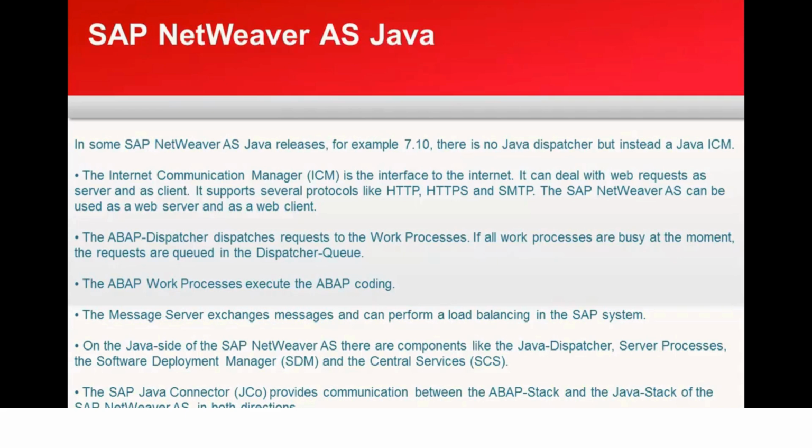The message server exchanges messages and can perform load balancing in the system. On the Java side of SAP NetWeaver AS, there are components like the Java dispatcher, server processes, the Software Deployment Manager, that is SDM, and SCS, which is central services. Then the JCo that we just saw is for connecting the ABAP stack to the Java stack.